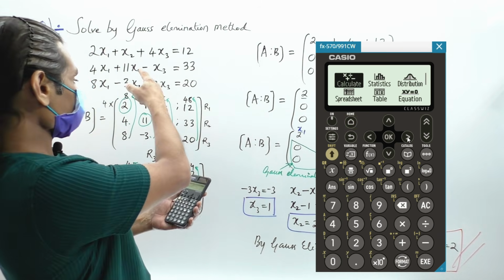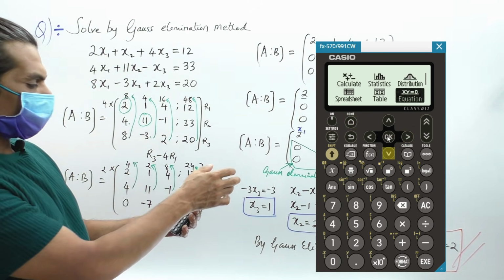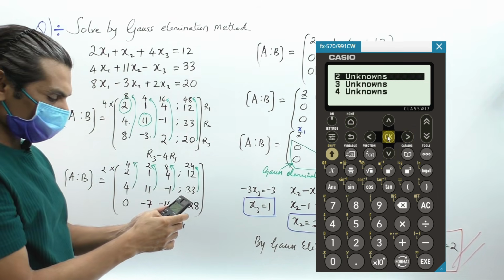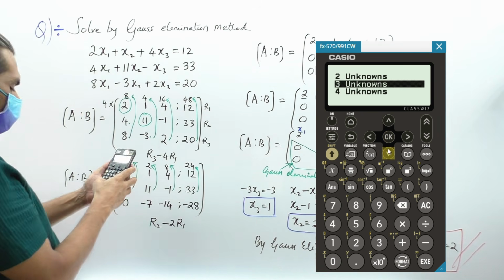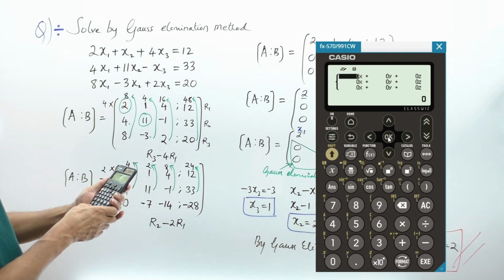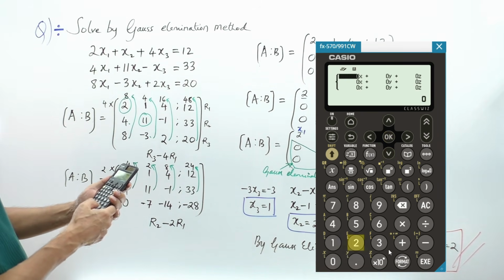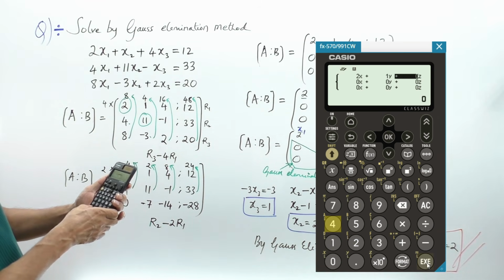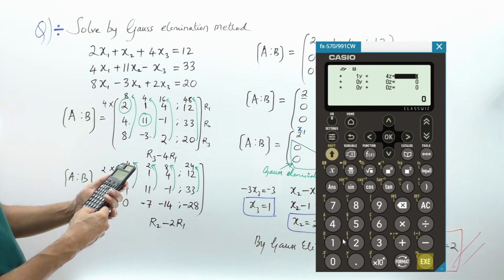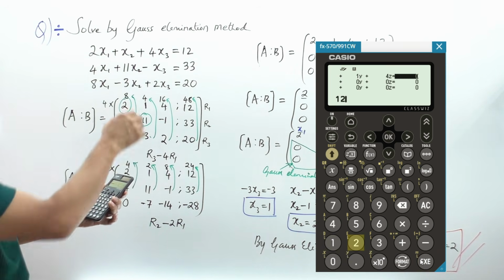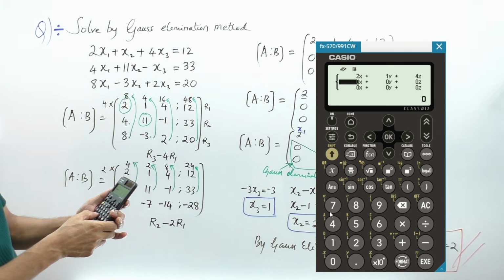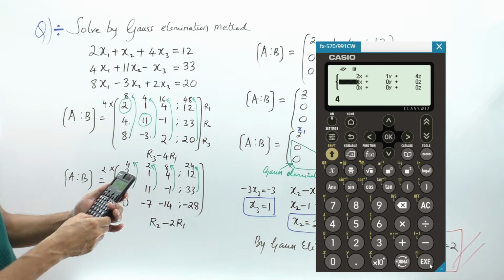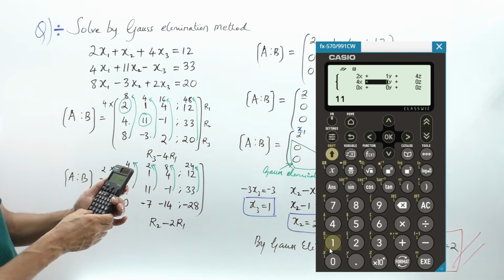We go to home, then we go to equations. We are solving simultaneous equations here, x1, x2, x3, number of unknowns is 3. We put all the values: 2, execute, 1, execute, 4, execute, 12, execute, 4, execute, 11, execute, minus 1, execute, 33, and this row 8, execute, minus 3, execute, 2, execute, 20.